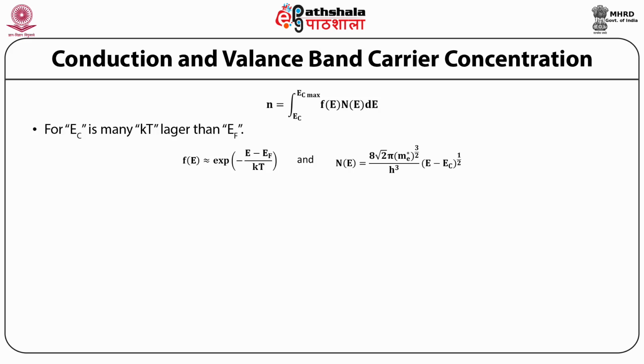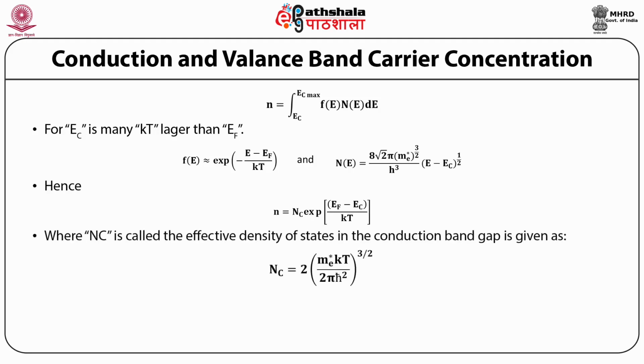After using the above equations and keeping the upper limit Ec max equal to infinity, we get the following expression for the electron density: n is equal to Nc exponential of (EF minus Ec) by kT, where Nc is called the effective density of states in the conduction band, given by Nc equal to 2 (2 pi m_e star kT by h square) to the power of 3 by 2.